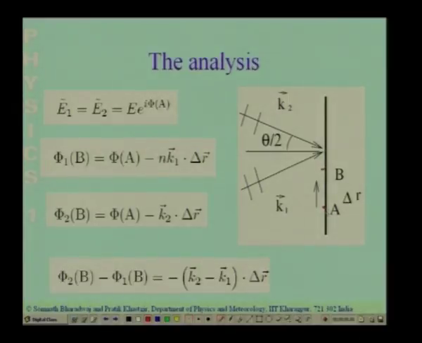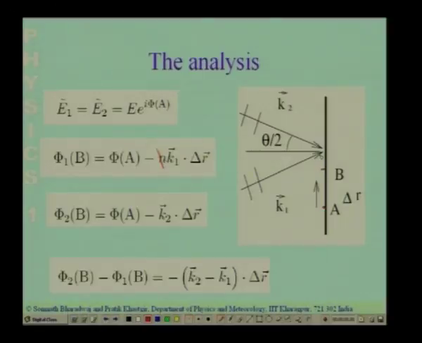If you move away from this point A to a point B, the phase of the first wave is going to change by an amount which is minus k1 dot delta r, where k1 is the wave vector of the first wave.